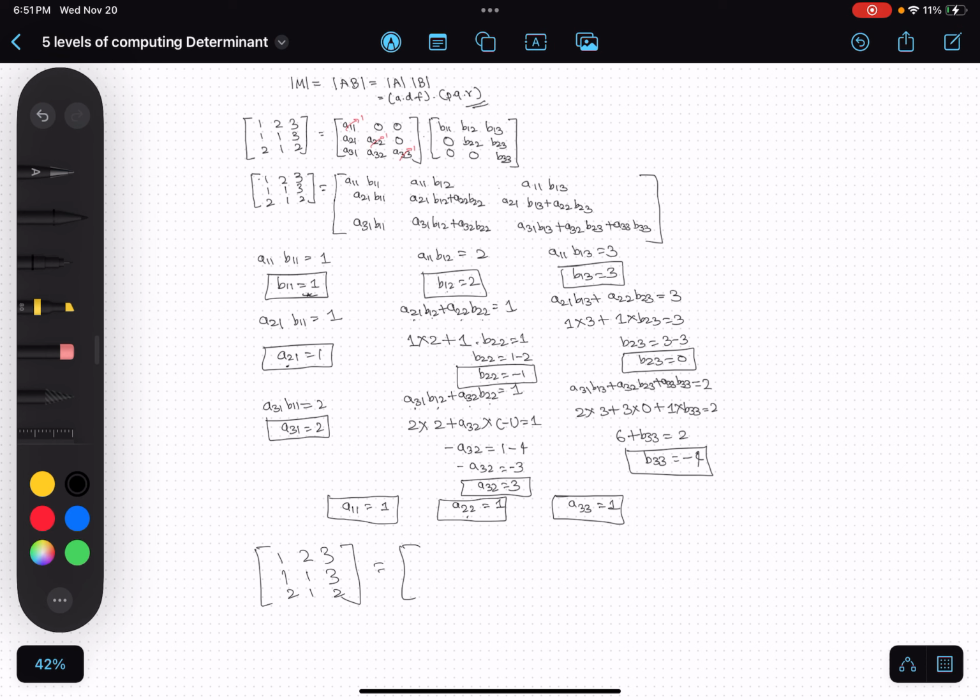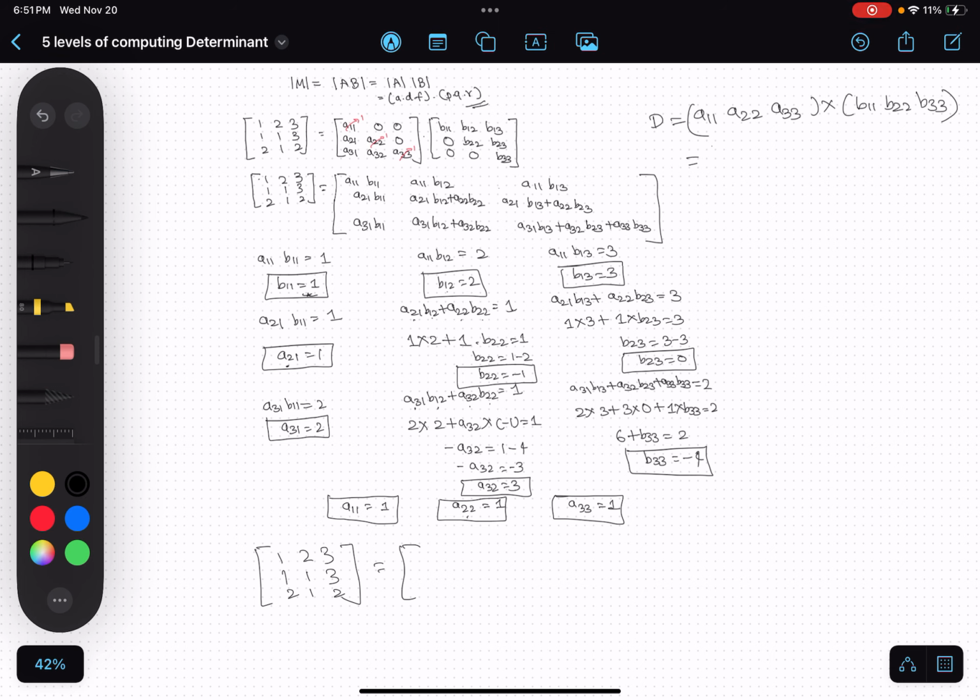So A11, and guys, also know that I don't really need all of these, because I know that its determinant is just the product of the diagonal elements of the first lower triangular matrix times the diagonal elements of the second upper triangular matrix, right? I don't need all of them.